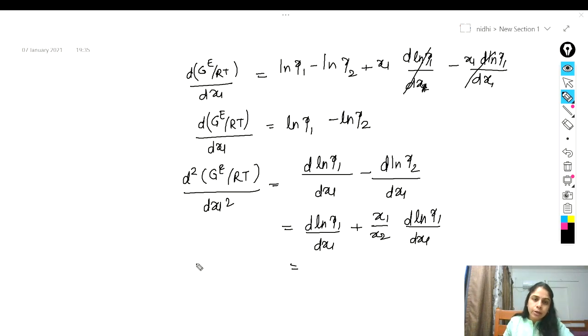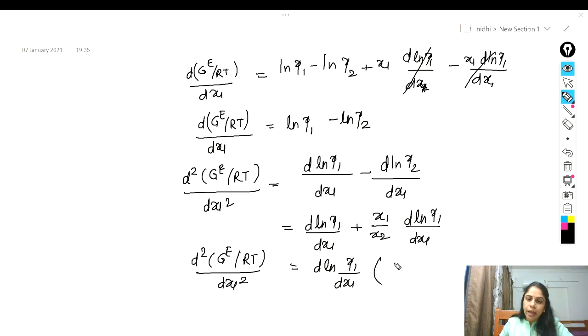Rearrange this. So here it is d2(GE/RT)/dx1 square. Here d ln gamma 1 upon dx1 is common, and then we have 1 plus x1 upon x2, times d ln gamma 1 upon dx1.